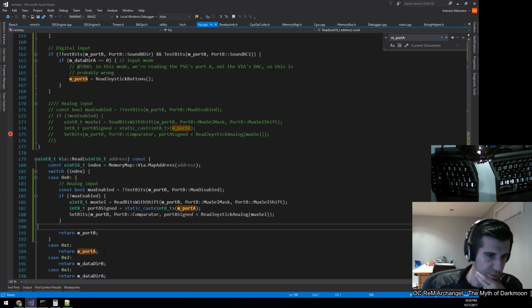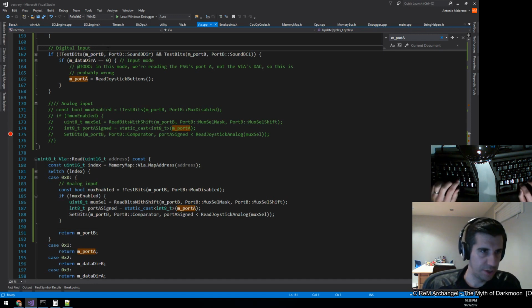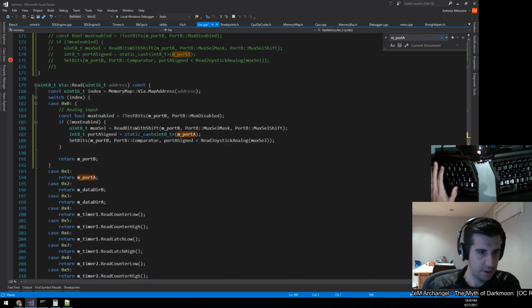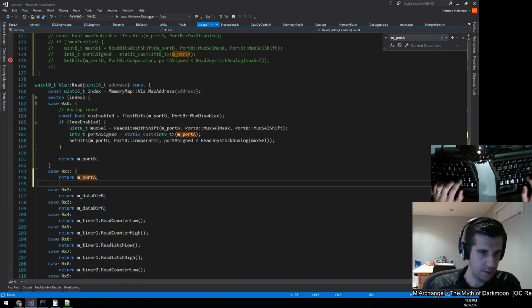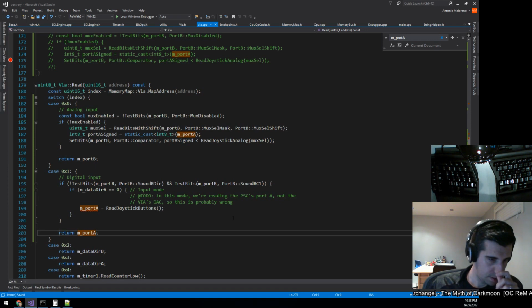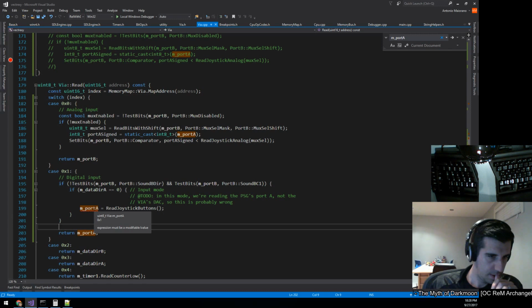And similarly, when we read port A, I can do the digital input part. Right.